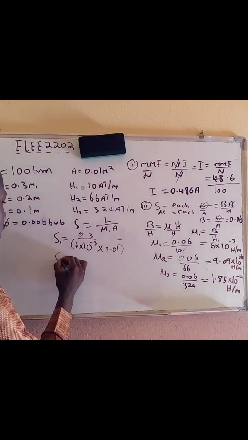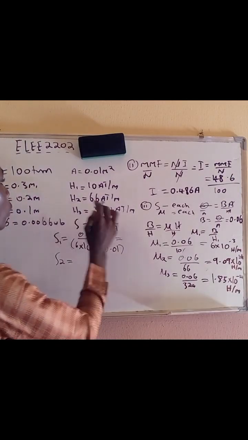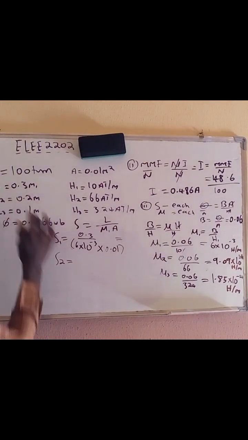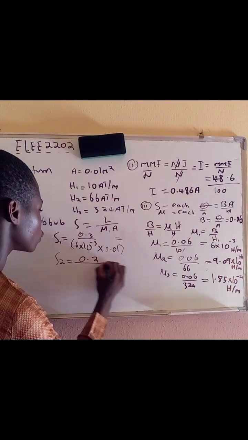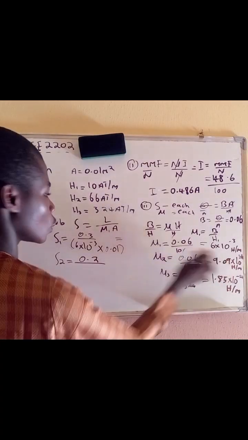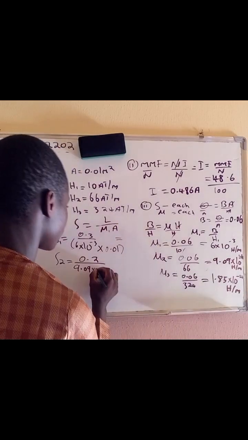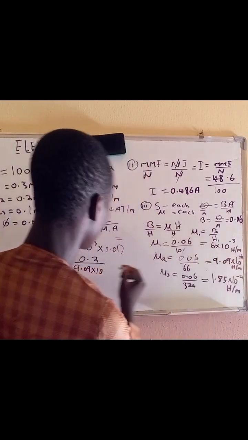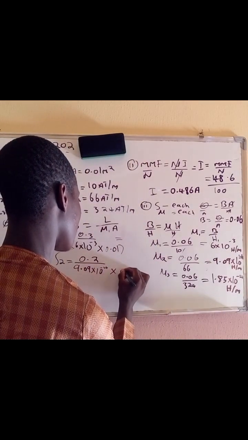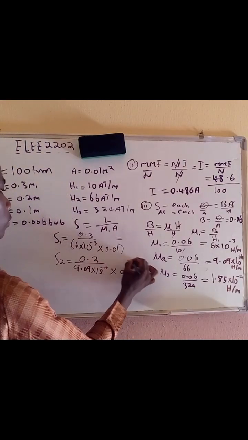And the second reluctance: we have the second length, which is 0.2, over our second mu, which is 9.09 times 10 exponential of -4, multiplied by 0.01.